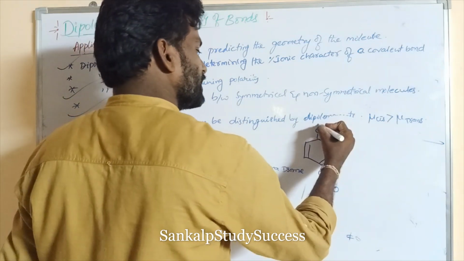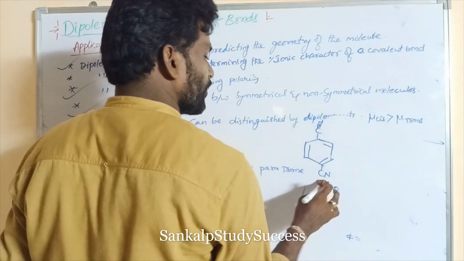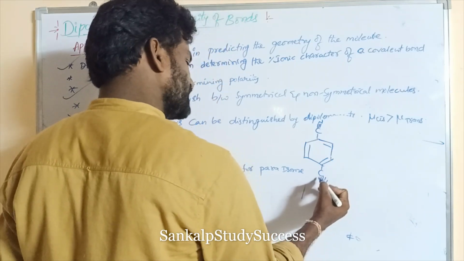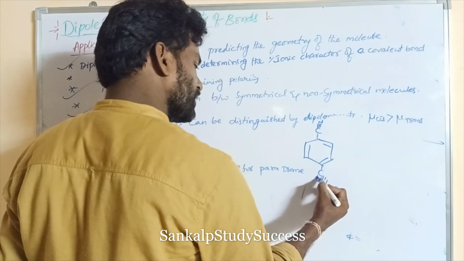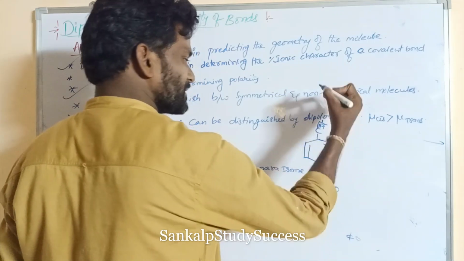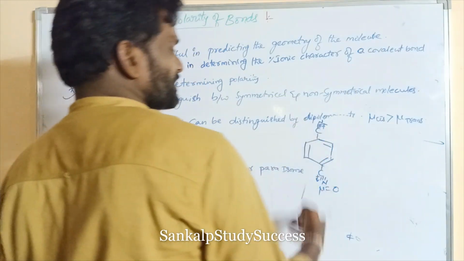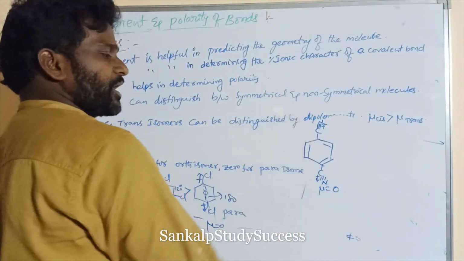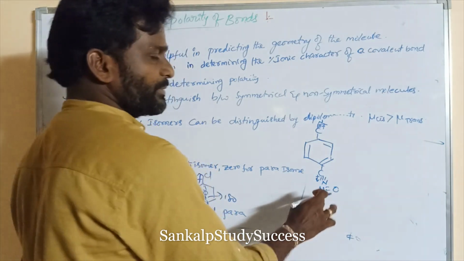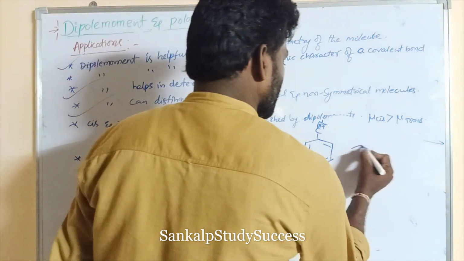CN can be written as C triple bond N. The C–N bond is shifted towards the more electronegative atom, so the crossed arrow represents the N side. Both have the same values, but they are present in opposite directions, so the values cancel each other. The net dipole moment mu is equal to 0.